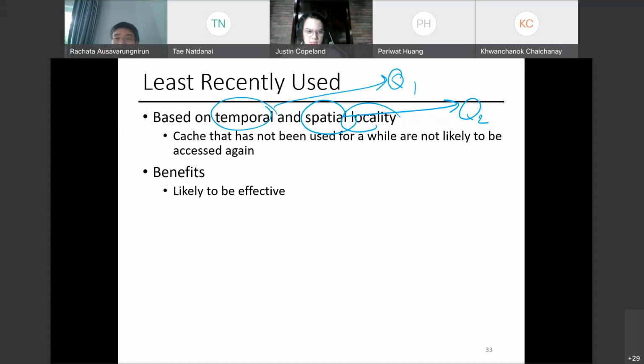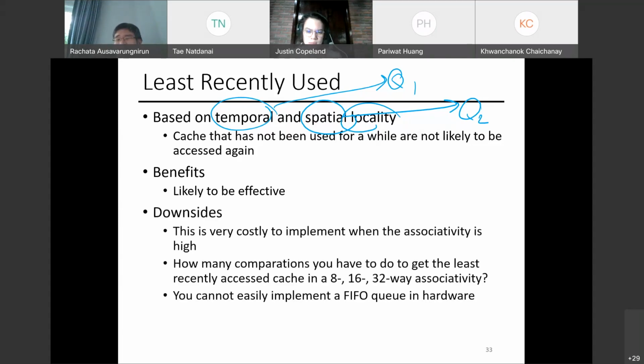So it's likely to be effective, but to implement this in hardware is a little bit costly. Implementation of a true LRU is hard. In a real CPU, they implement an approximate version of LRU. It's close to LRU, so it's still effective, but it's much cheaper, right?